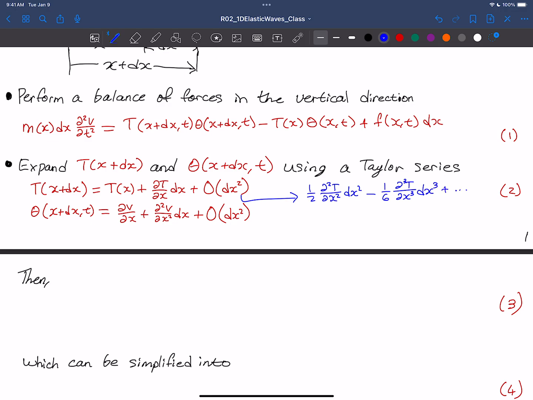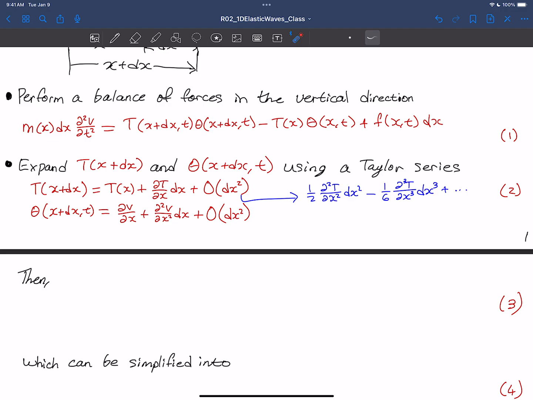So you can see that the leading order term inside that big O has a dx squared in it, and then the next term has a dx cubed in it, and then there will be a dx fourth, dx fifth, and so forth.